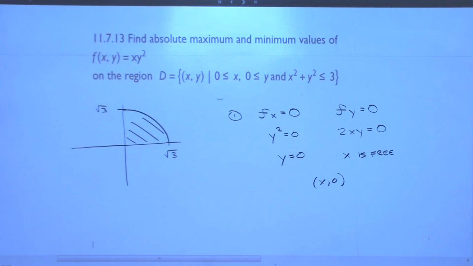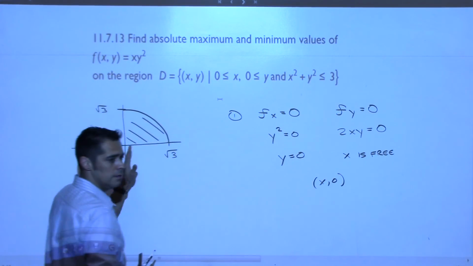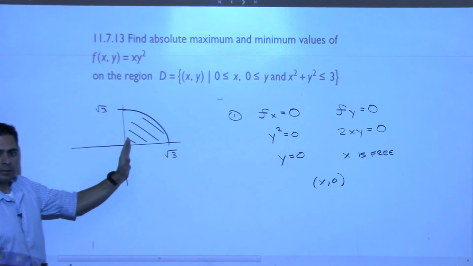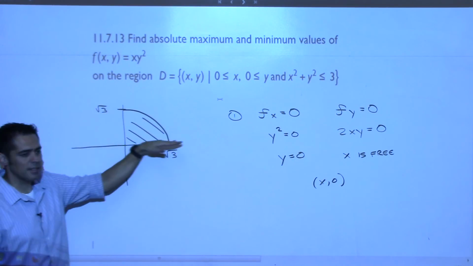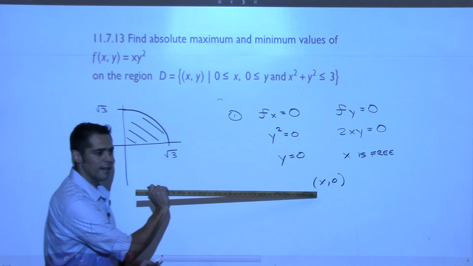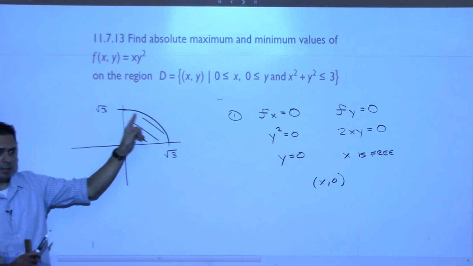Thank goodness, though, these points coincide with what? This is your x-axis, isn't it? That's what this is. And it turns out that that's the boundary of one of my sides.